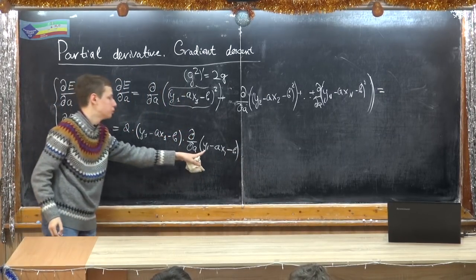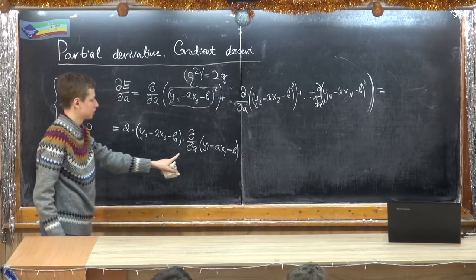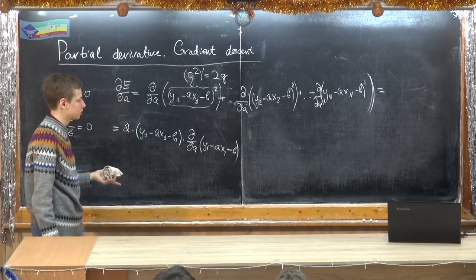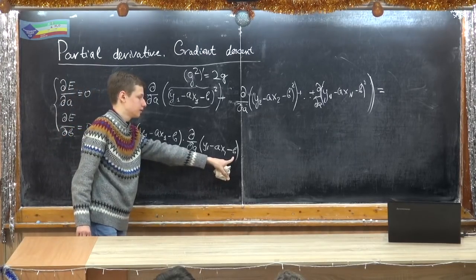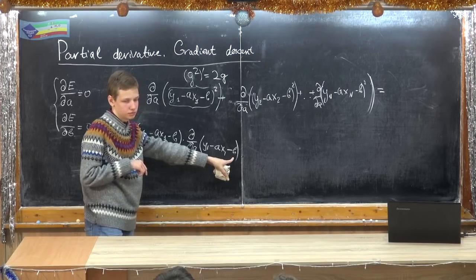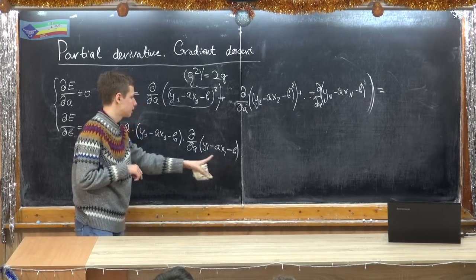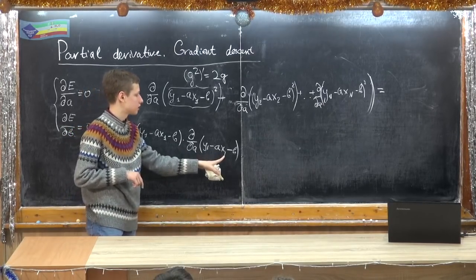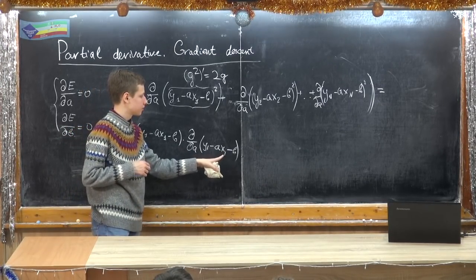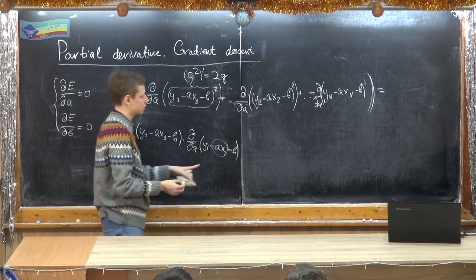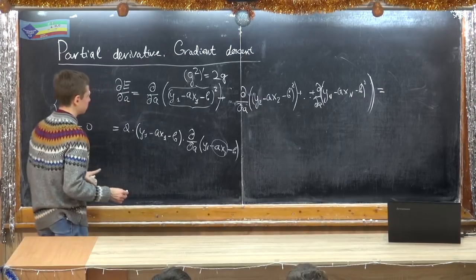Now y1 and x1 are just numbers, and b is another variable, but as we remember, it's a constant too when taking the partial derivative with respect to a. That means the derivative of such an expression will be just equal to minus x1.